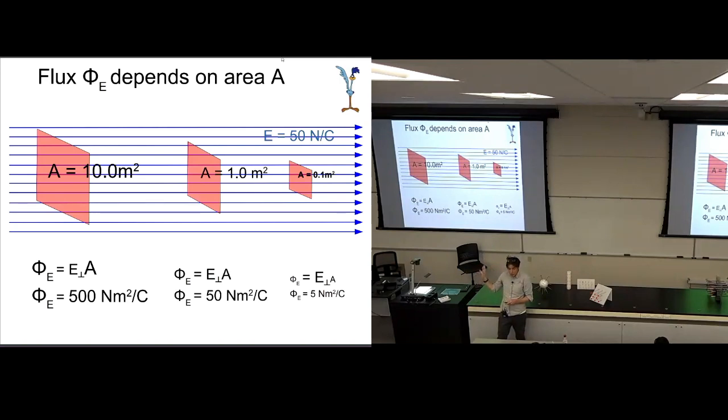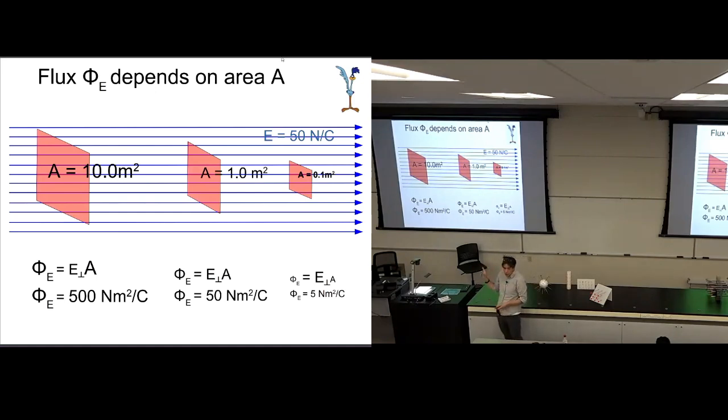These three slides are to illustrate the dependence of the flux on the area of the surface, on the size of the electrical field, and thirdly on the relative orientation of the field and the surface. Those are the three things that flux depends on.